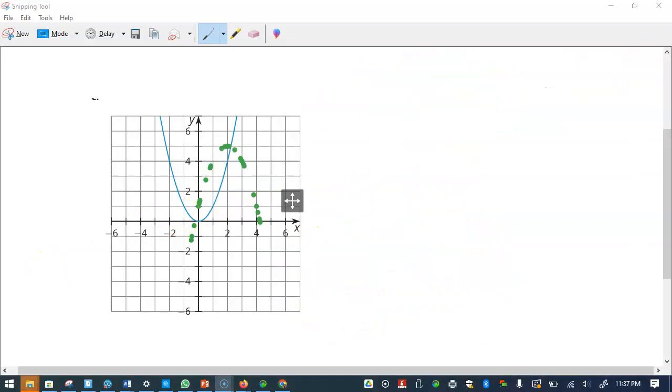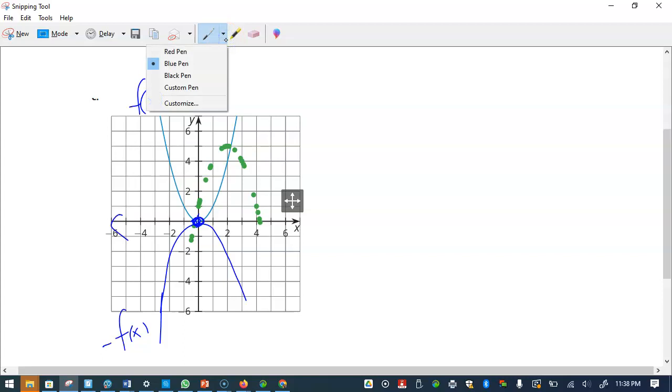So pause this video and see if you can figure out what's happening here. Well, first I will reflect over the x-axis. That means if this was f of x, when you reflect it becomes minus f of x, right? Then I'm going to move it to the right side, somewhere here, 1, 2, so I shift the graph.